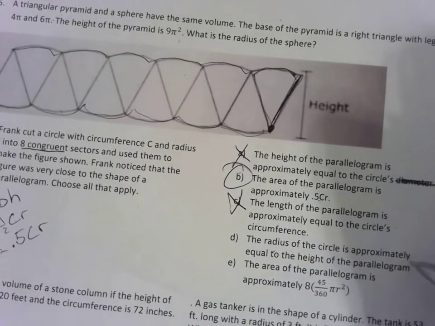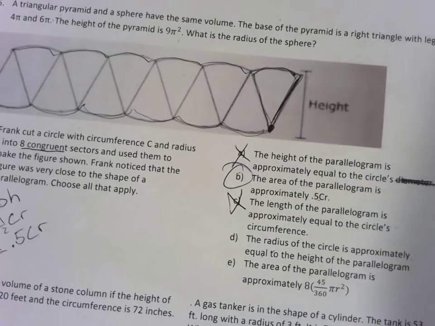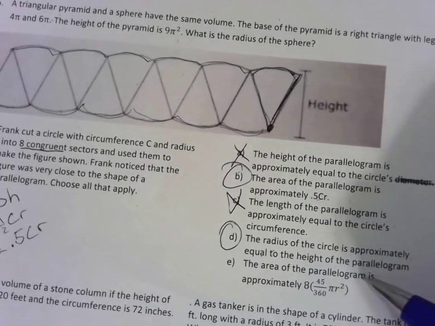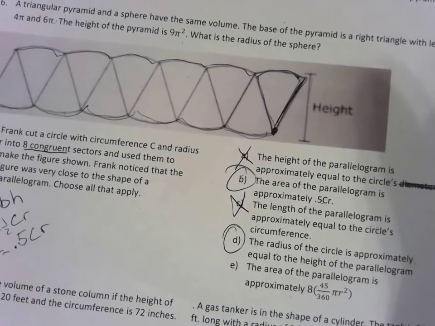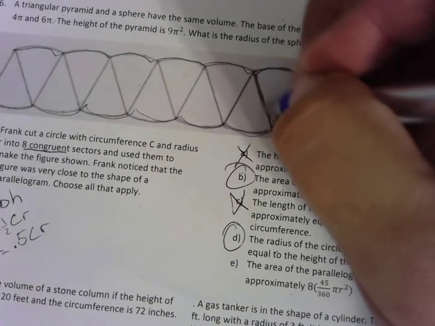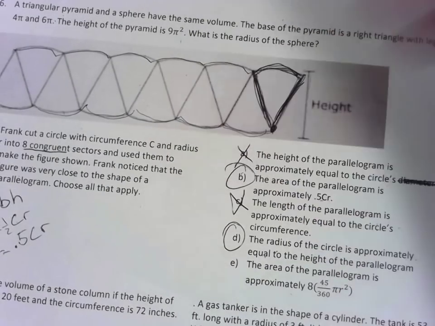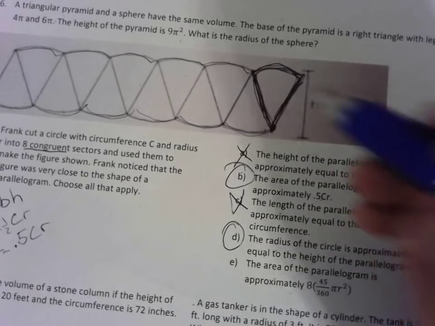The radius of the circle is approximately equal to the height. Yes. The area of the parallelogram is approximately this. Alright, area. If I can find the area of just this and then multiply it by 8, it gives me the area. Well, what is this?